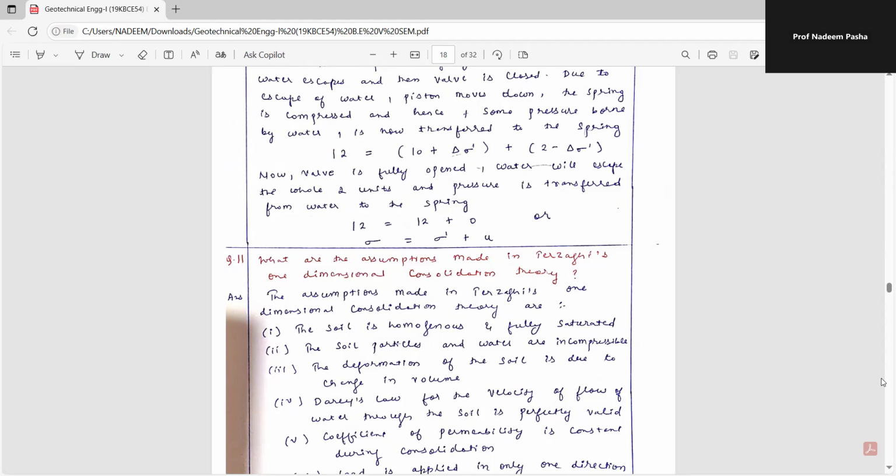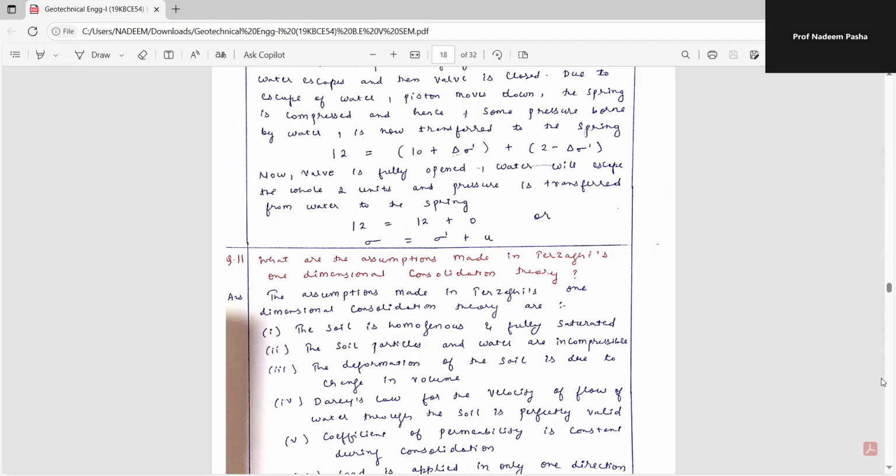So what are the assumptions made in Terzaghi's one dimensional consolidation theory? The soil is homogeneous and fully saturated. The soil particles and water are incompressible. The deformation of the soil is due to change in volume.